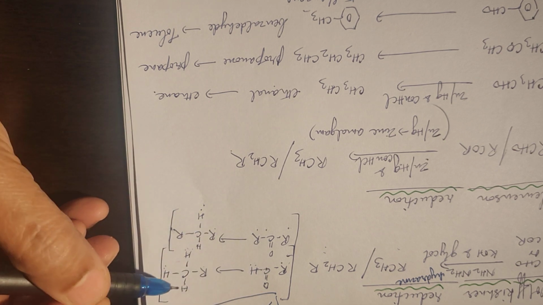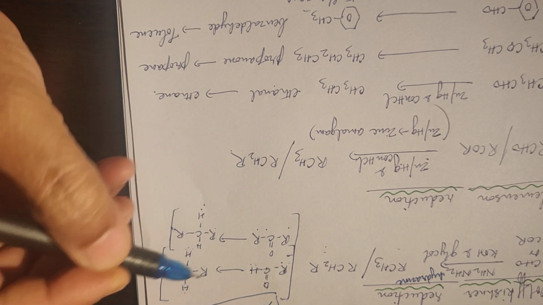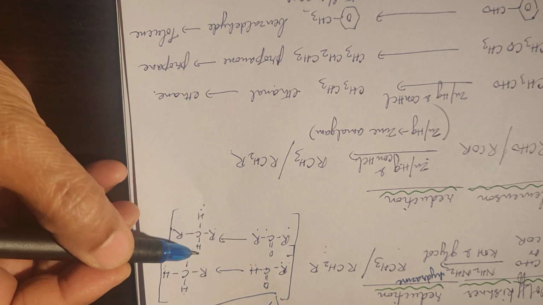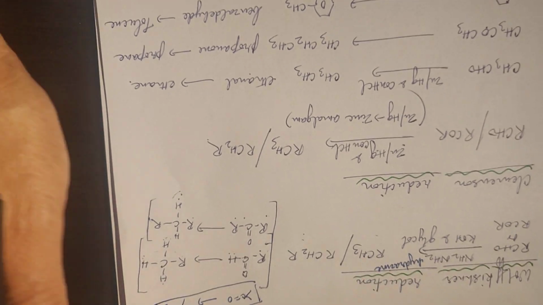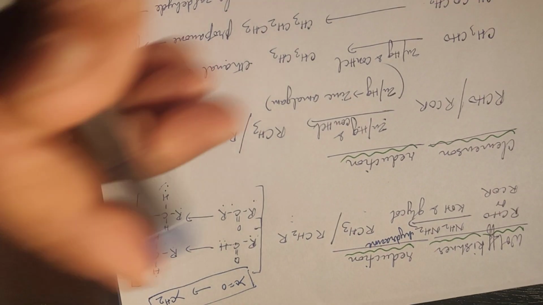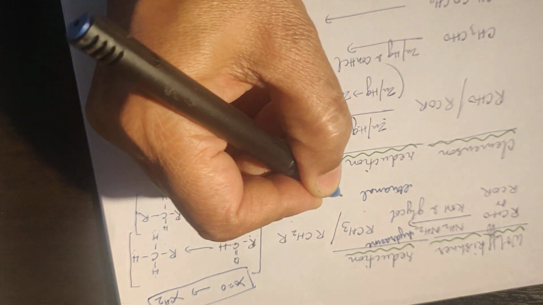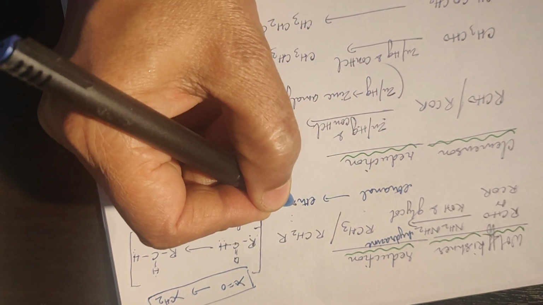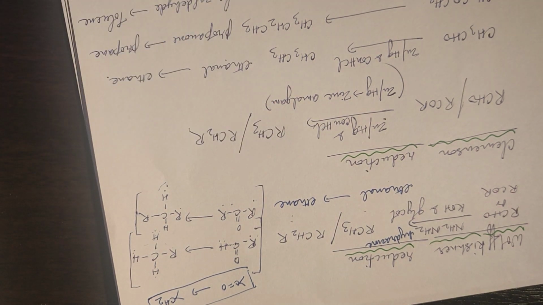C double bond O has become CH2. This hydrogen is already there. Same way C double bond O has become CH2. This is what you have to understand. So here also they can ask you questions like how will you convert ethanal to ethane? So it can be done by Wolff-Kishner reduction.